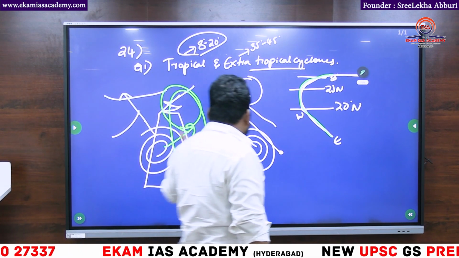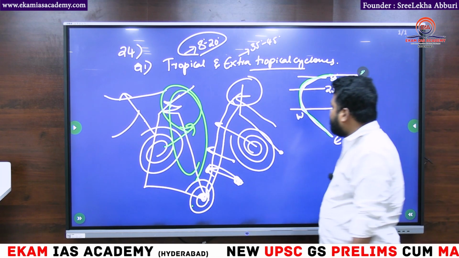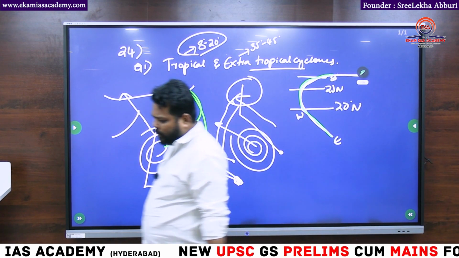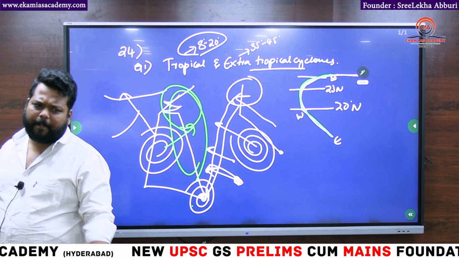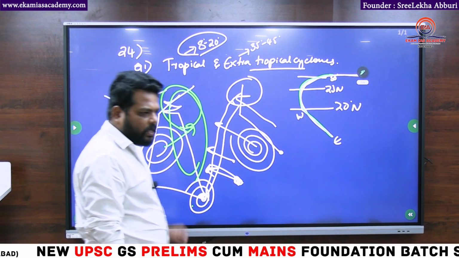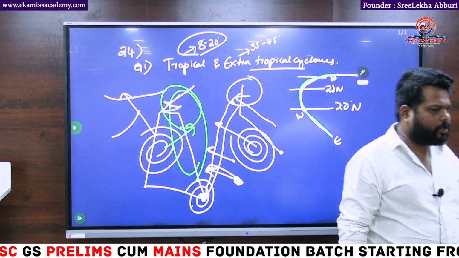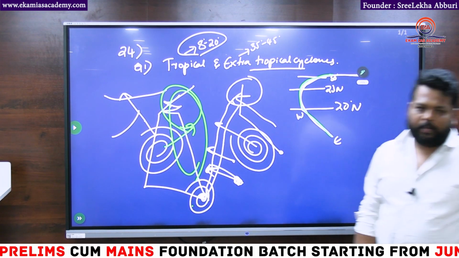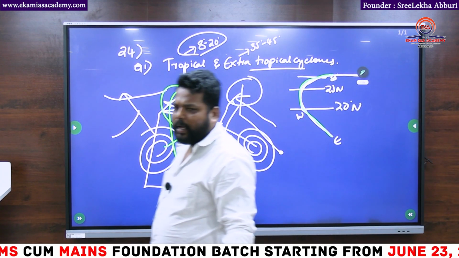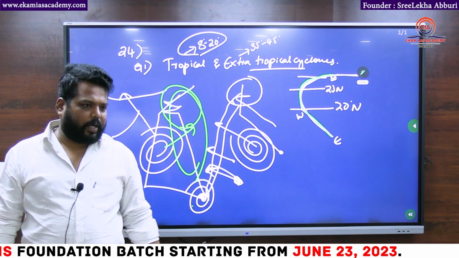Now, you know this concept, right? Generally in the mains examination, if a question is going to come from cyclones, there are 4 typical aspects from where the question is raised. Point number 1, they might ask you regarding the distribution of tropical cyclones across the world.